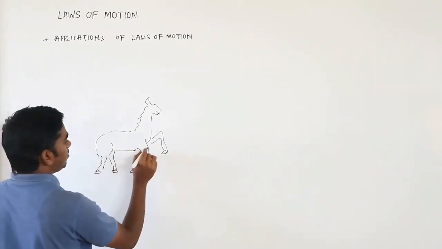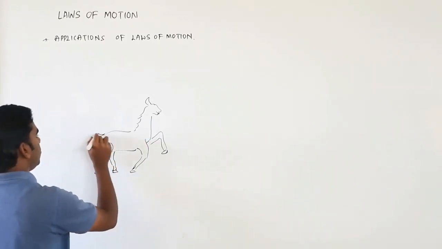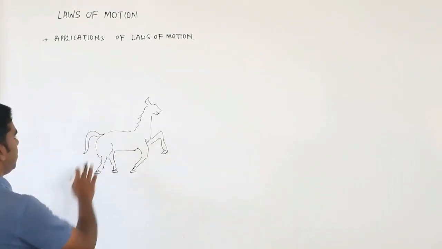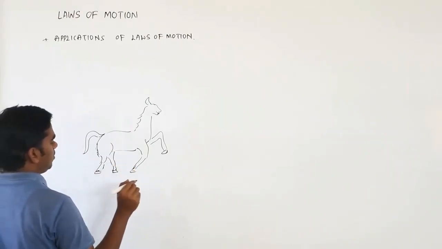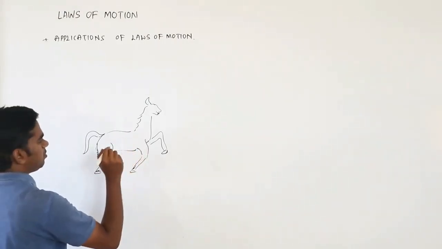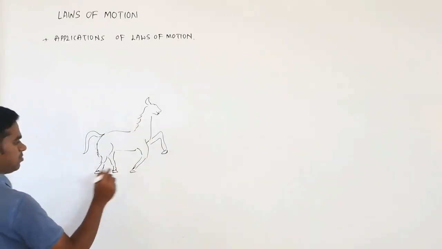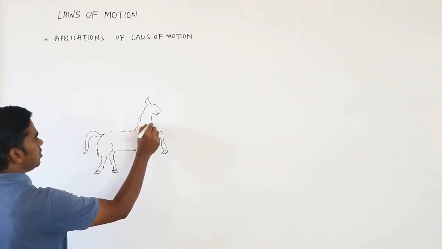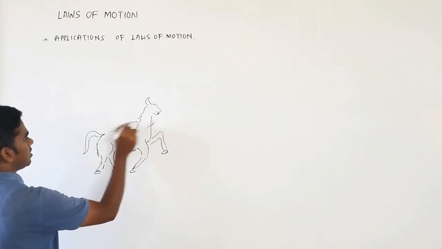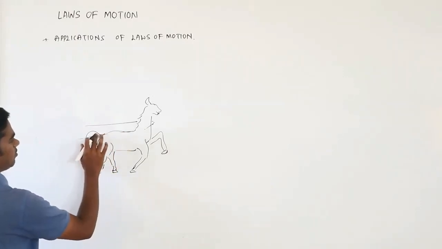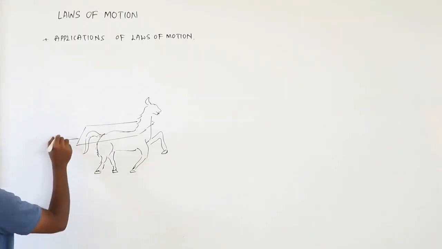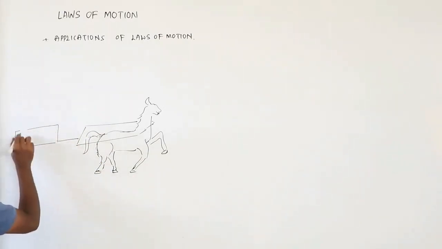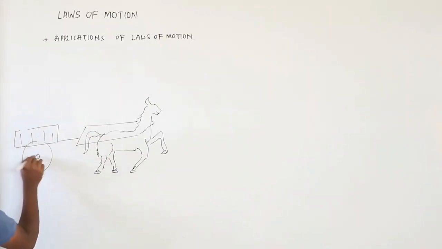You may draw better than me, and obviously there is a tail for this horse. Usually we know that the horse moves forward because of the force applied on the surface of Earth, not horizontal. And this is going to be connected with some cart over here. So this is the horse and cart example we are taking.